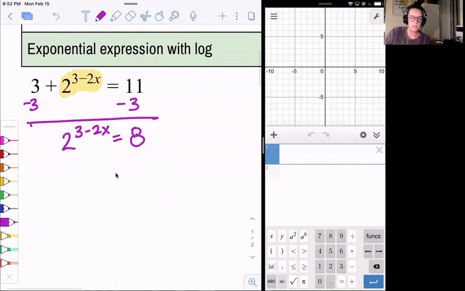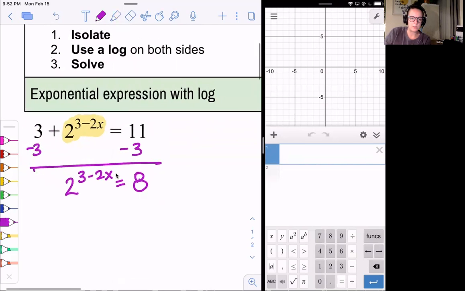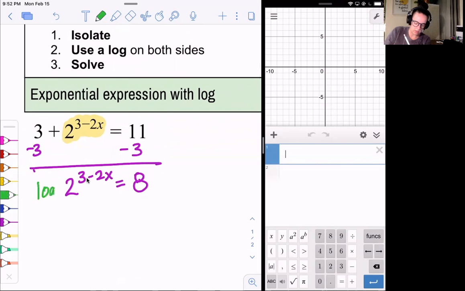So in order to get this exponent out of the exponential location, I'm going to use log base 2. With our log rules, the exponent comes out front, and we would have 3 minus 2x times log base 2 of 2.